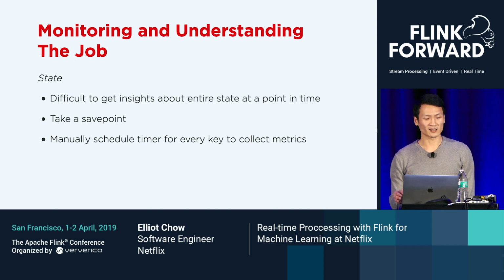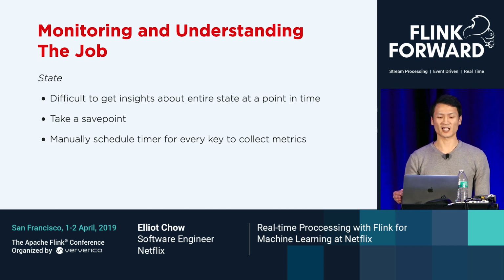We've tried to manually schedule timers on every key to schedule metrics collection, but it's complex and expensive. For example, you have to make sure that you stop rescheduling this timer when you delete your key in your actual logic.